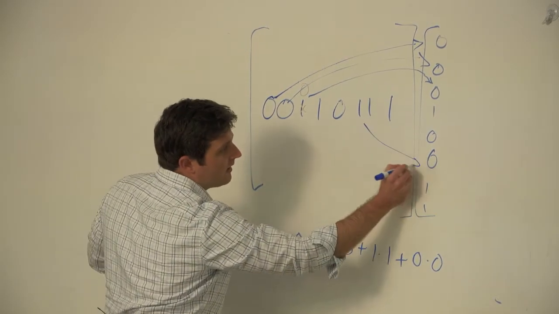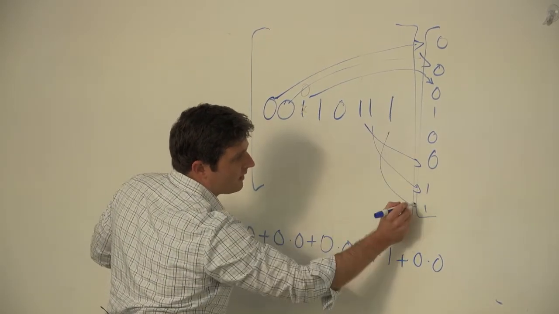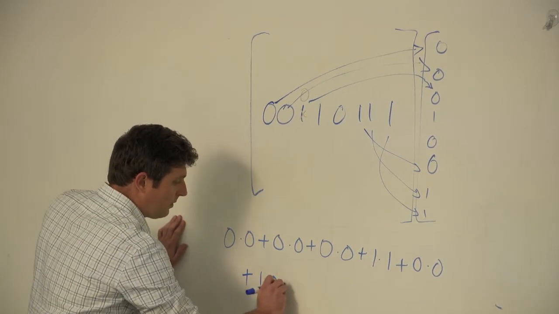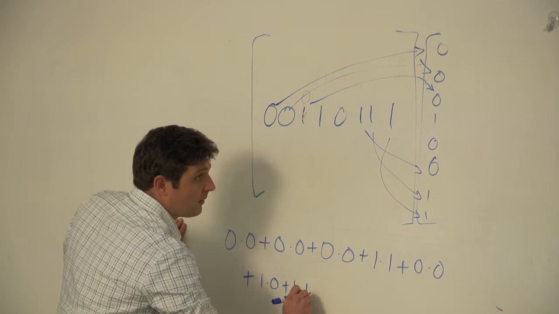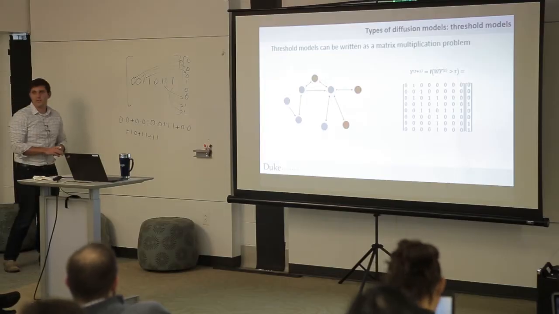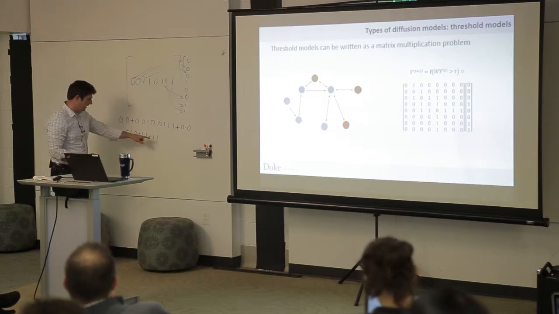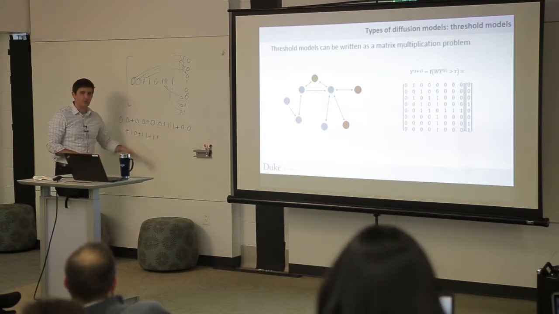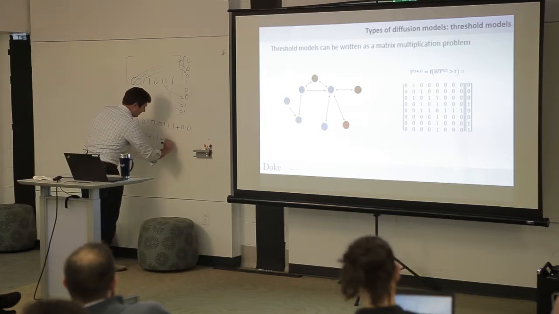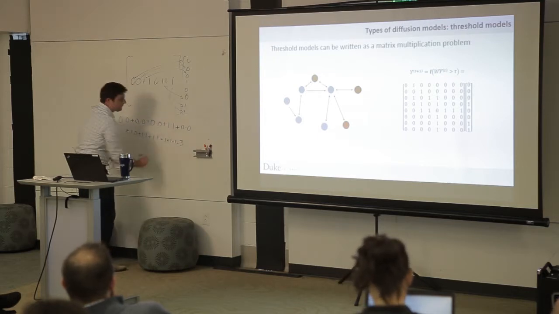And then we've got 0, 1, 0. So it'll be 1 times 0 plus 1 times 1 plus 1 times 1. This is a very long and complicated way of writing 1 plus 1 plus 1, right? Which is 3.